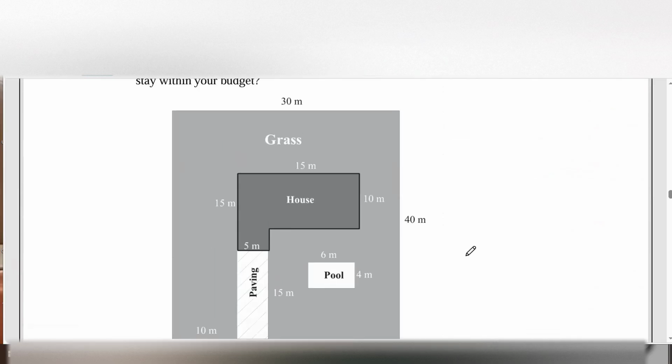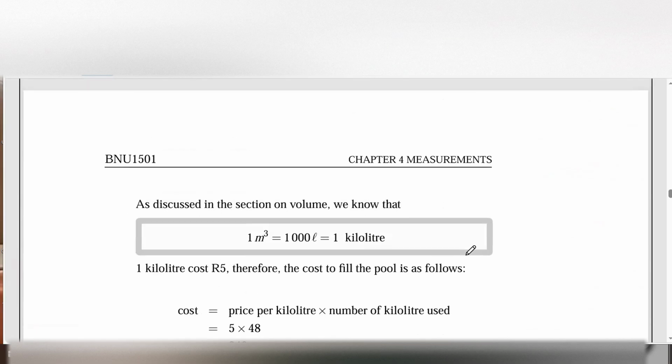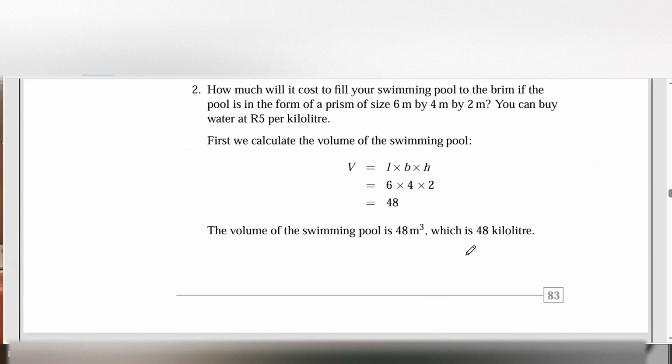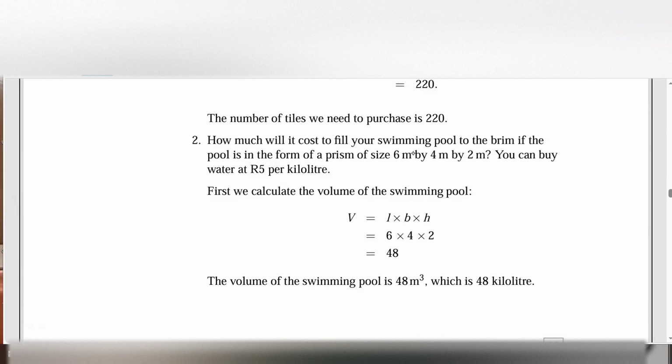All right, so we have another context. How much will it cost to fill the swimming pool to the brim if the pool is in the form of a prism 6 by 6 by 2? And then you buy water at 5 rand per kiloliter. So we need to get the volume of the pool, which is 6 by 4 by 2, which is 48, but this is meters cubed.